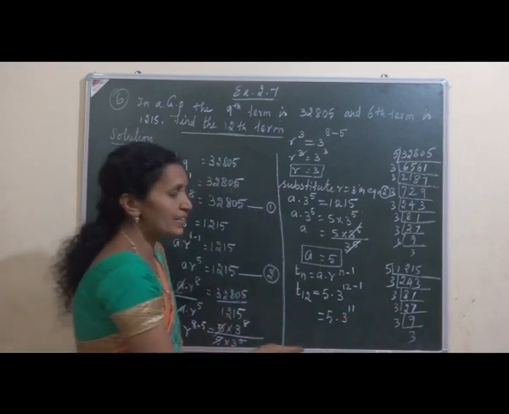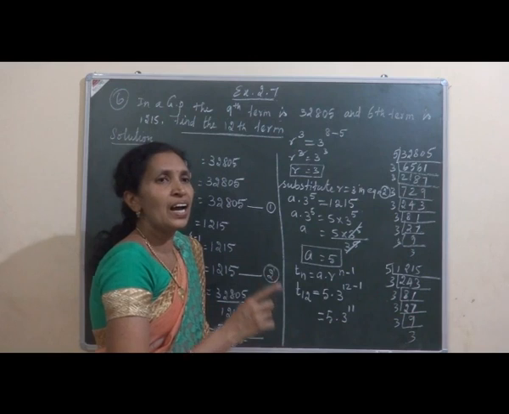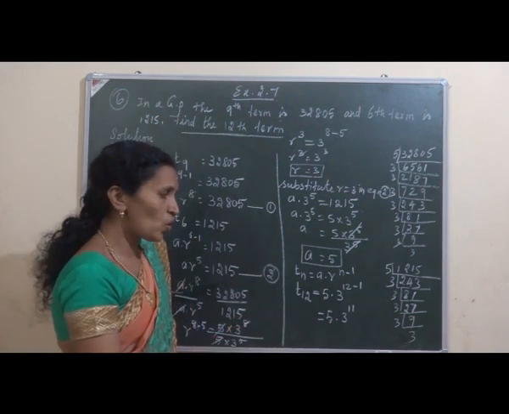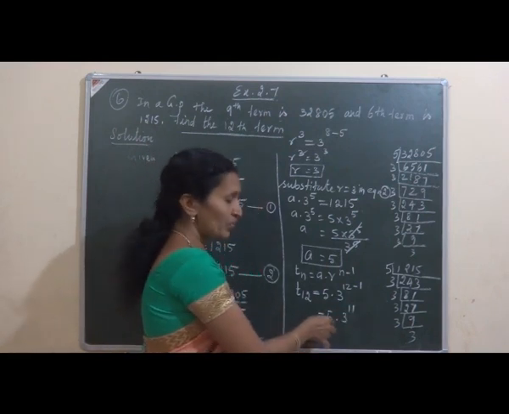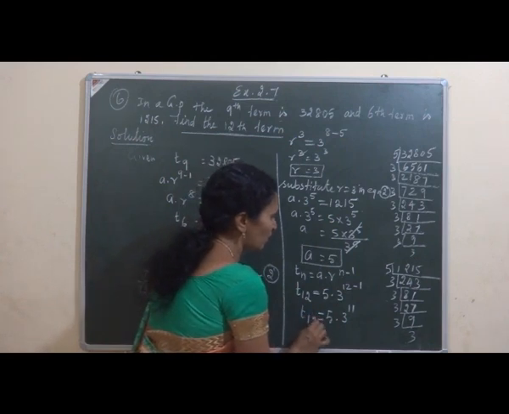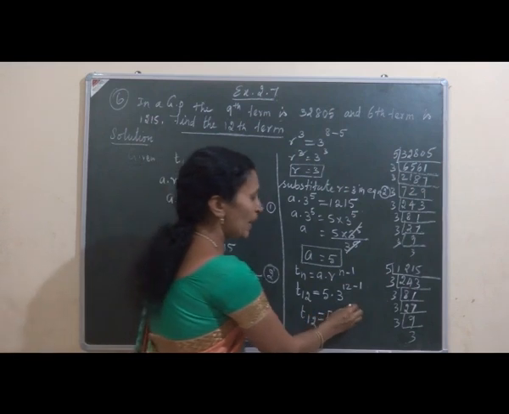Dear students, listen. 3 power 11. 11 times you should write 3 and calculate. It is so difficult. So till now it's enough. T12 equals 5 into 3 power 11. This is your book back answer.